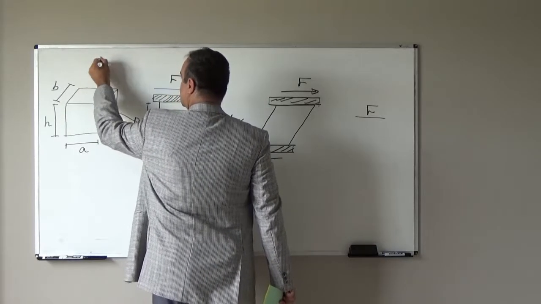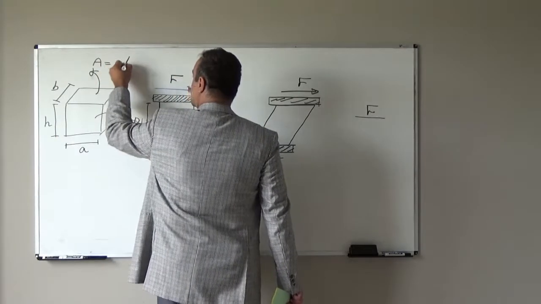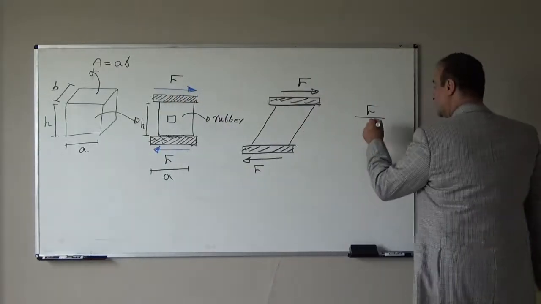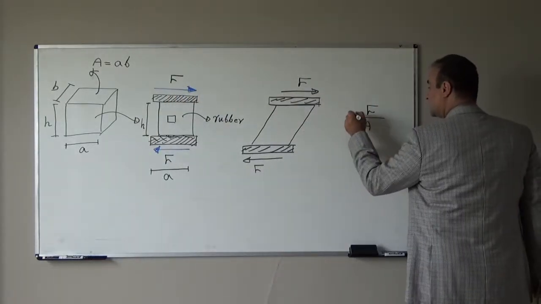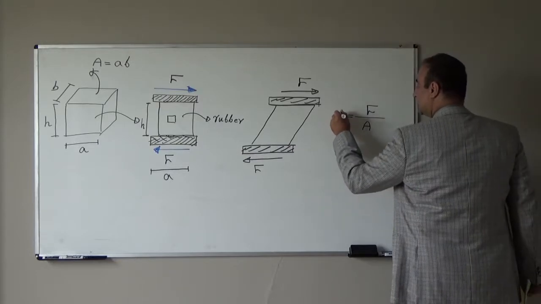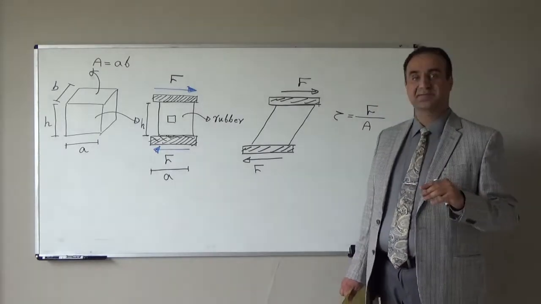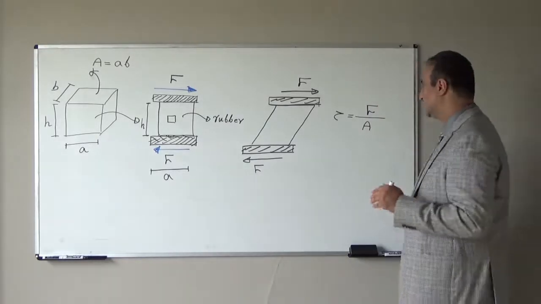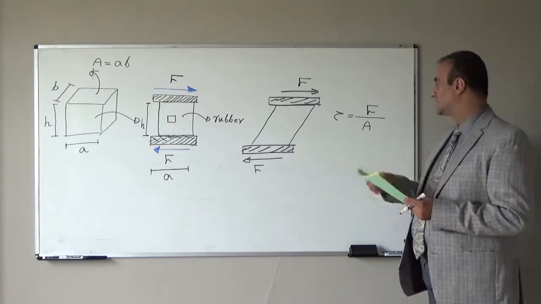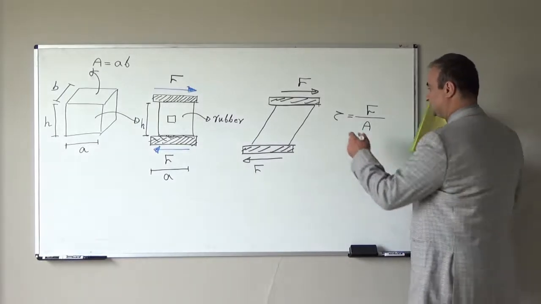In this example, the cross-sectional area is A times B. This force is tangent to that cross-sectional area. Force divided by that area creates a stress which is tangent to that surface. We call it shear stress, and we show it with the Greek letter tau. Tau is shear stress.